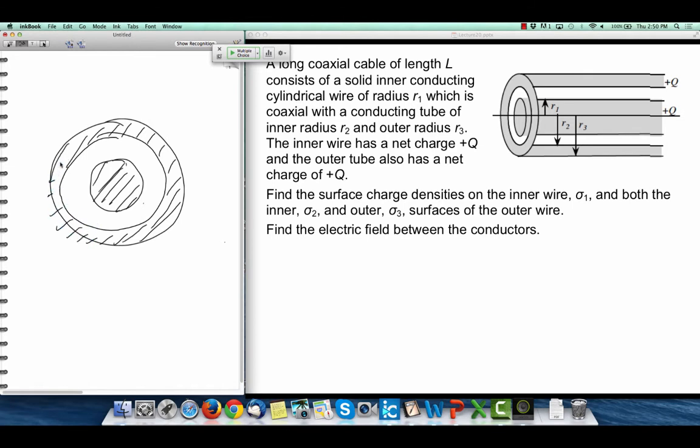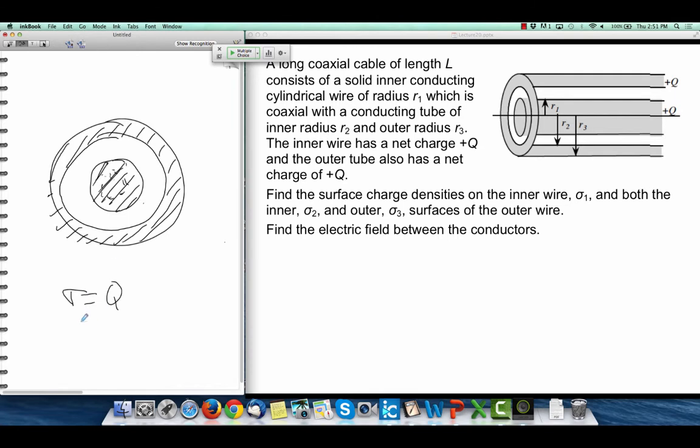This has a total charge Q. Surface charge density, sigma, is Q divided by... I needn't say, I hope, that if you put a Gaussian surface inside here, there's no electric field inside the conductor. There's no charge inside the conductor. It's all on the surface. All of Q is on the surface.